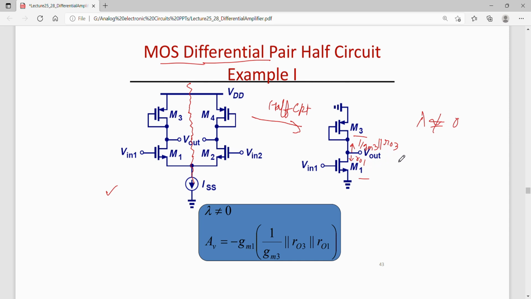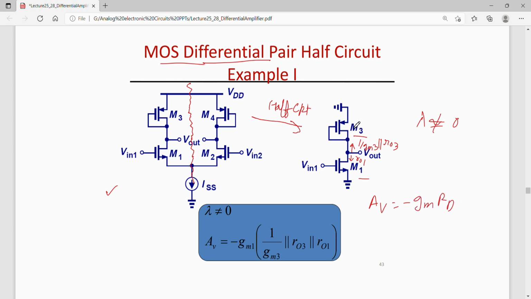One can find the output impedance, which will be the parallel combination of all these impedances, and the gain remains the same, that is, it's a common source amplifier with drain resistance, which is minus GM RD.